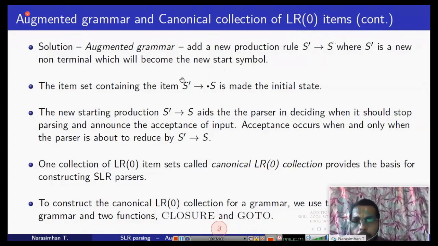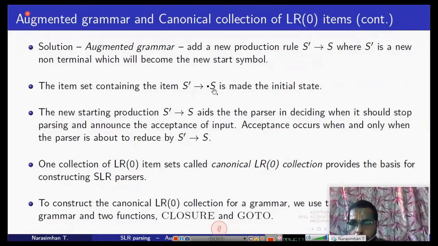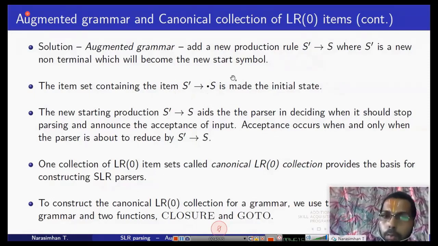The item set containing S dash gives dot S will be made the initial state. Why? Because dot S means you are yet to read the start symbol S, that is, you are yet to read the string derivable from the start symbol. So this could be made the start state.